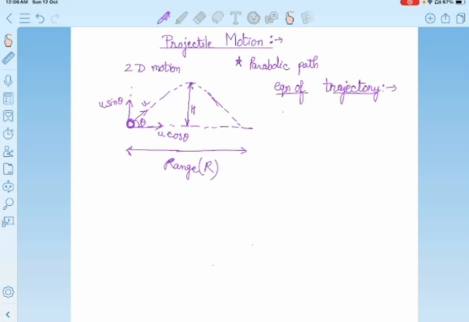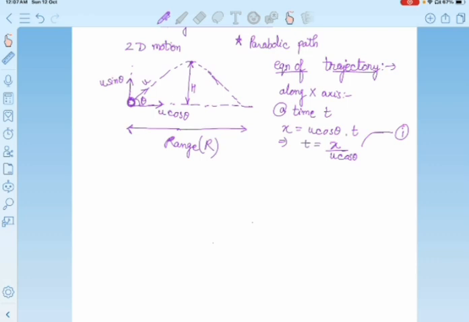Along the x-axis, at any time t, the distance traversed along the x-axis, which is x, is equal to u cos theta into t. Let it be equation 1. And t is equal to x by u cos theta.